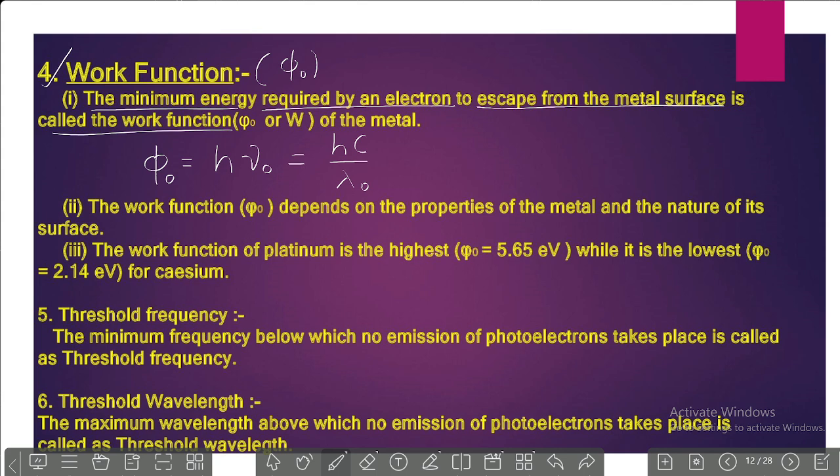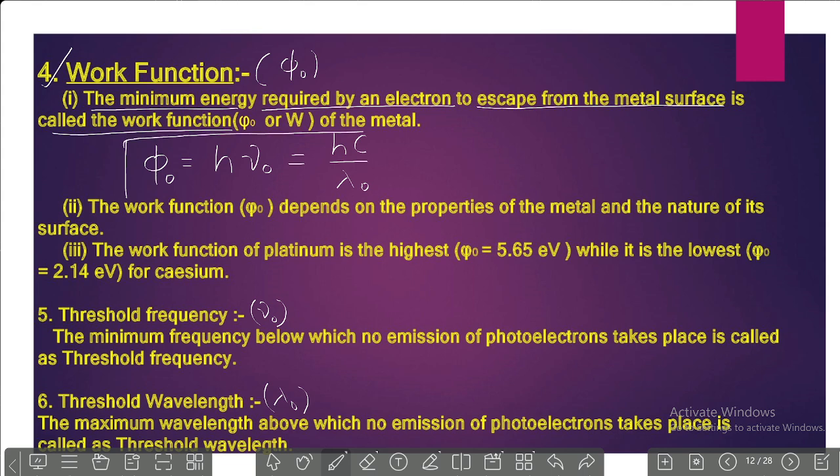Nu naught is threshold frequency, and frequency can be written as speed of light divided by wavelength, so c by lambda naught. Lambda naught is the threshold wavelength. These 3 definitions are very important to remember.